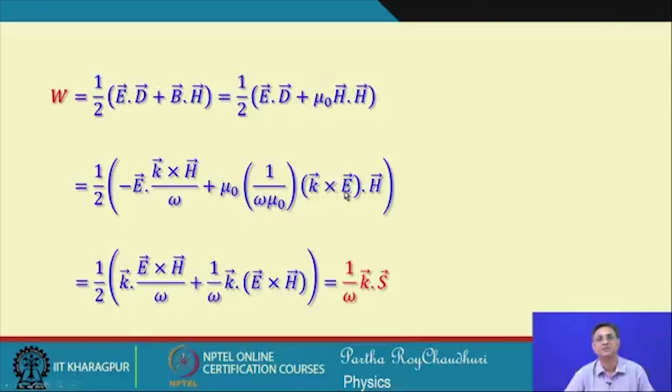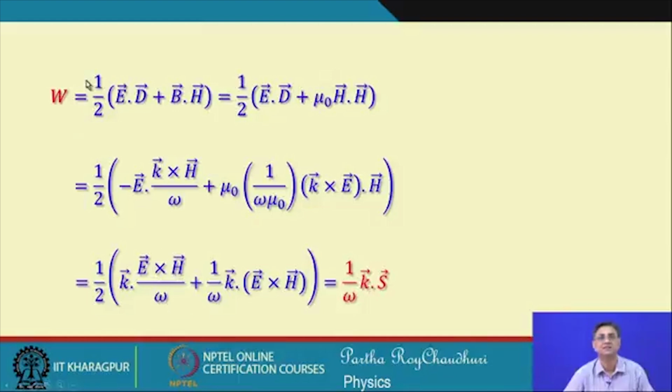So, k cross E dot H, you can see that is k dot E cross H by omega, and the other is also k dot E cross H by omega. So, two of them are identical terms, and there is a half outside. So, if I put together, then we can see that this will represent simply the Poynting vector E cross H.